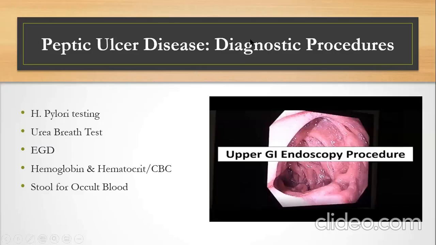Oh shoot, we'll go to that next. All right. For some reason, this video I have to play in a different screen for you. H. pylori testing. Again, like I said, it could be done during an EGD, which is the procedure you're about to watch. It could be done during an upper GI study.